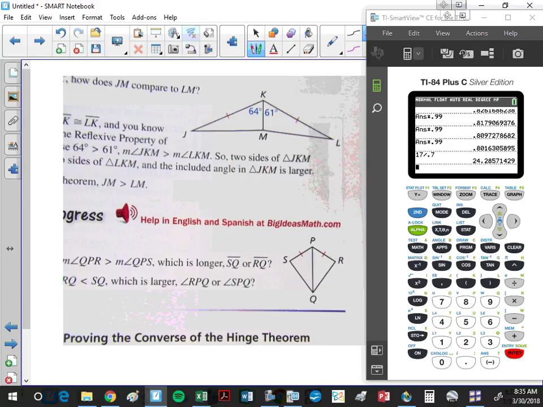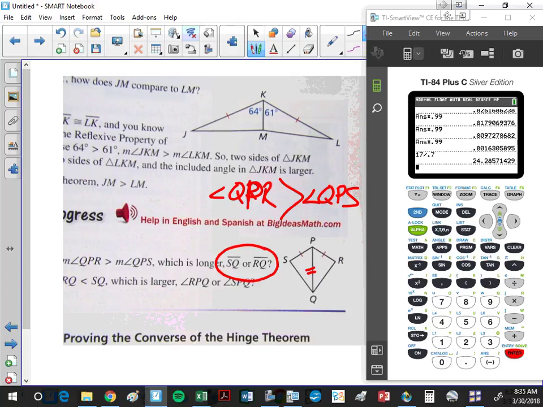Okay. Down in the next one, so we have these angles are equal. And I can't see it, but it says if PR is equal to PS, which we have marked, and QPR is bigger than QPS, then which one's bigger, SQ or RQ?